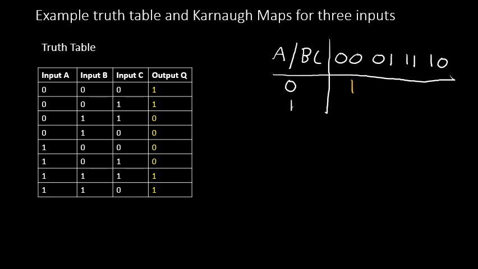And I can get through this quite quickly now. A is 0, B is 0, and C is 1, so therefore it's 1 here. I'll just go through the rest really quickly from here on in. I can just write these in, like so: 0, 0, 1, 1. So that's now our completed Karnaugh map.